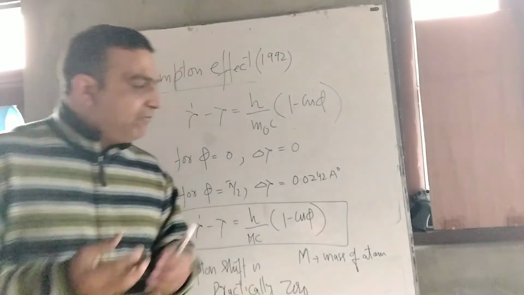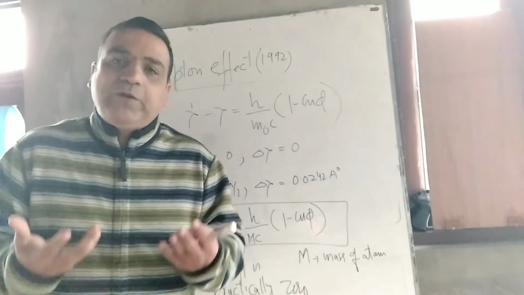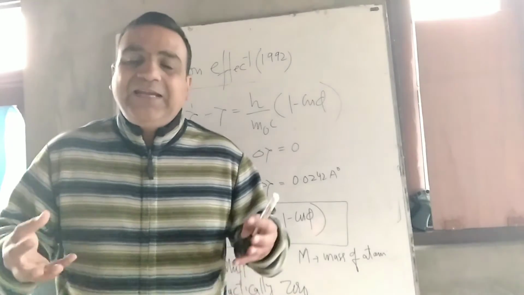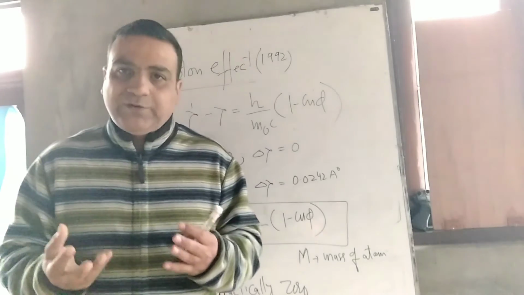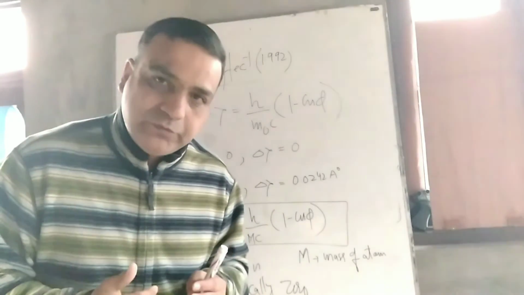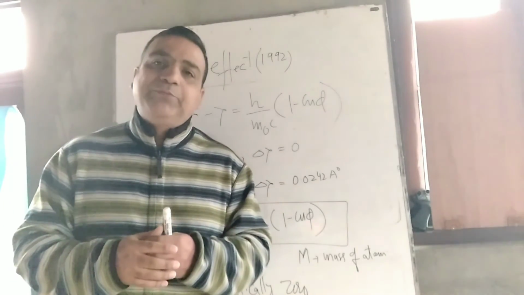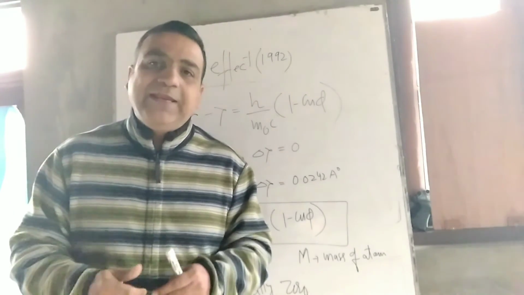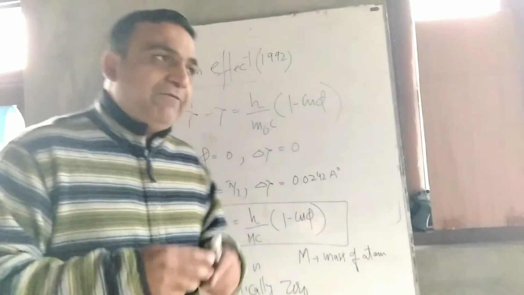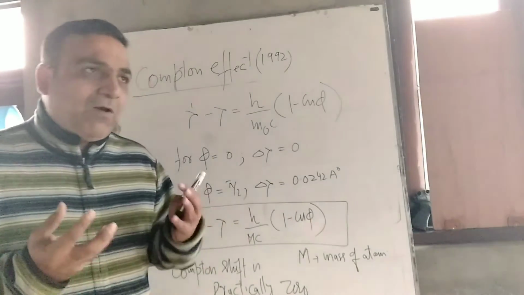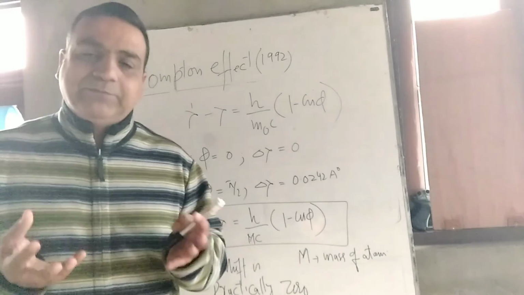Now, in an actual situation, where the electron is tightly bound in an atom and is not free, if we quit the assumption that the electron is free, then the target will not be the electron. The target will be the whole atom.